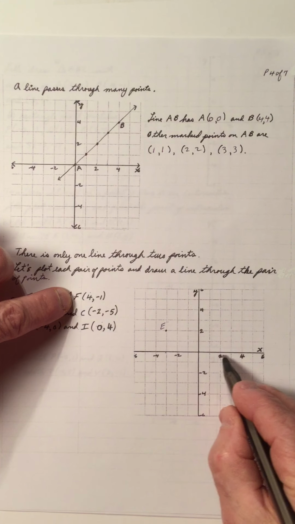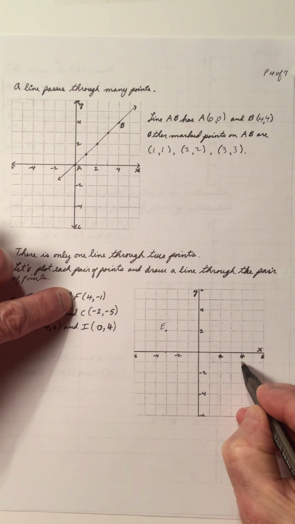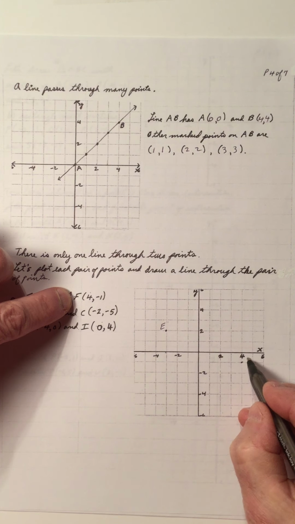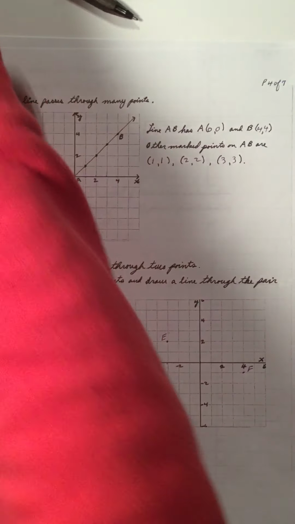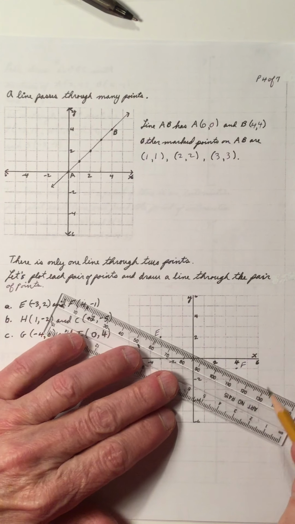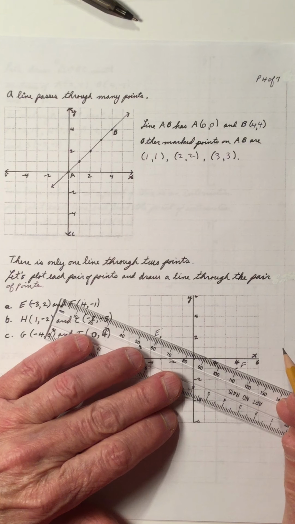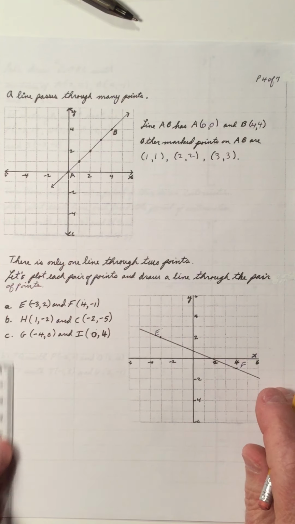X is 4, 4 to the right. Y is negative 1. So that's F. So if I use my pencil, I can draw a line through those 2 points with my ruler. So there's the line that passes through those 2.